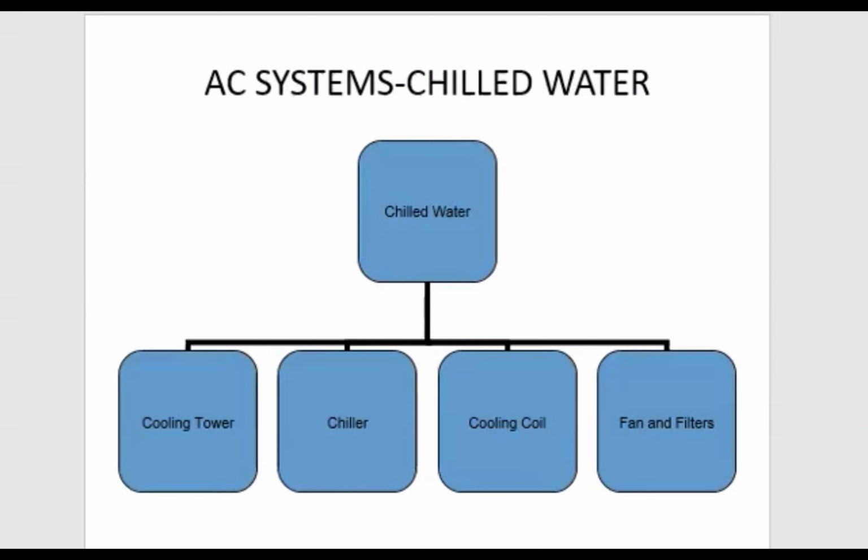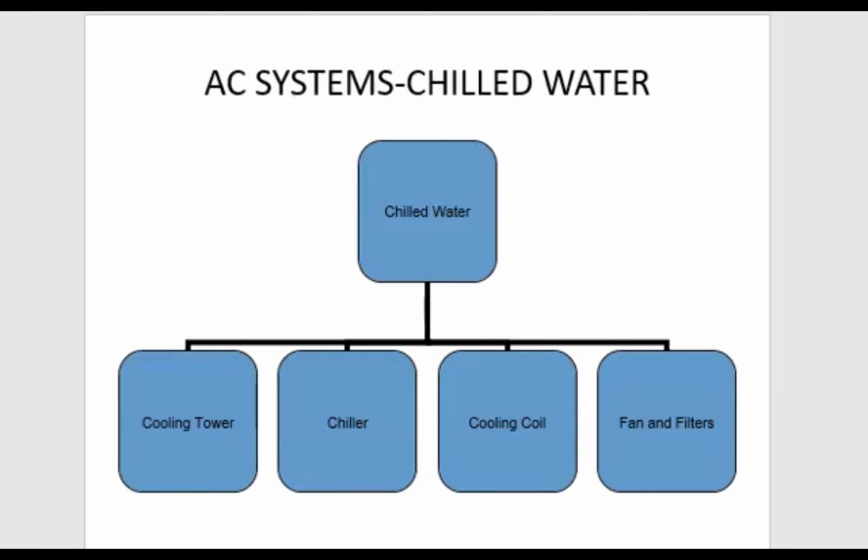All right, but let's go through a couple of the different types of systems. There's both chilled water and chilled air ones. First is the AC chilled water. This uses a cooling tower that cools the water, or at least reduces the temperature of exhaust water, and sends it back through a chiller.